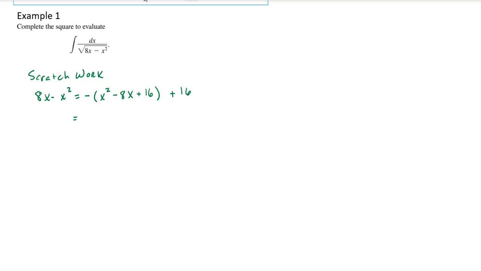So just to make life a little easier, I'm going to write my positive term first, minus, and now because I've added that 16 to this quadratic expression, this should factor into x minus 4 quantity squared. Notice when I added this +16 and that -16, my net change was 0.